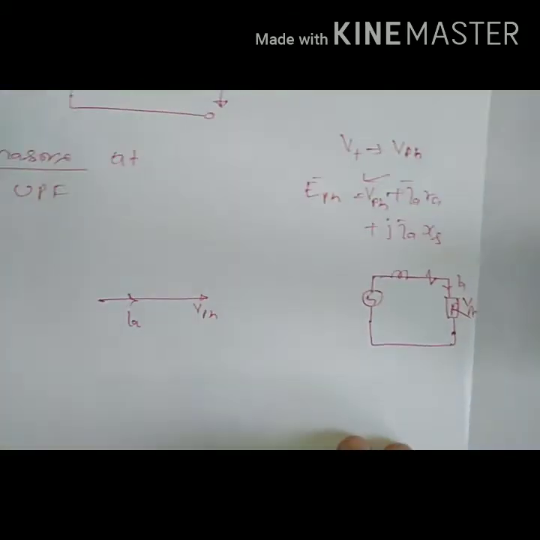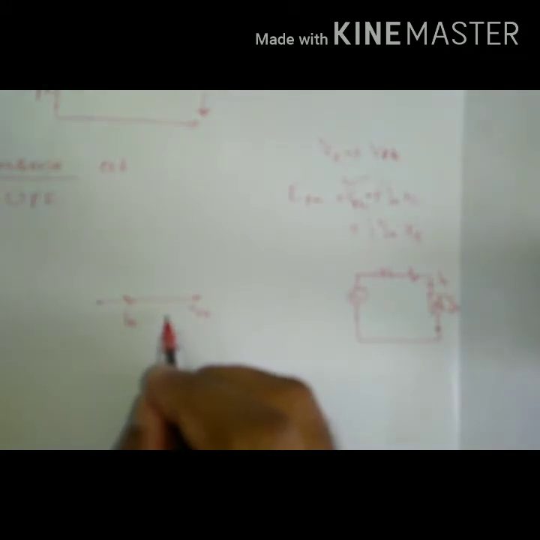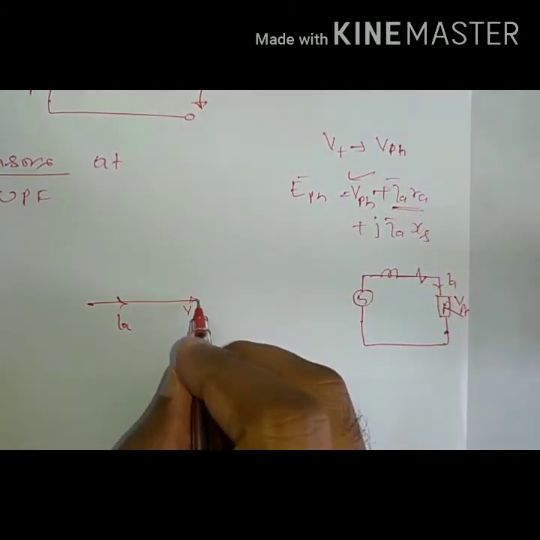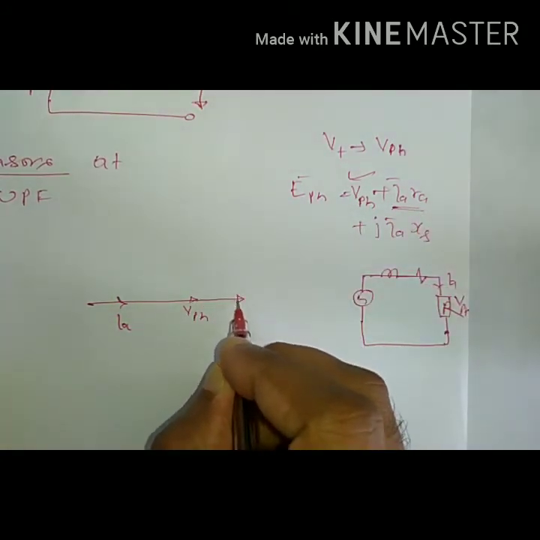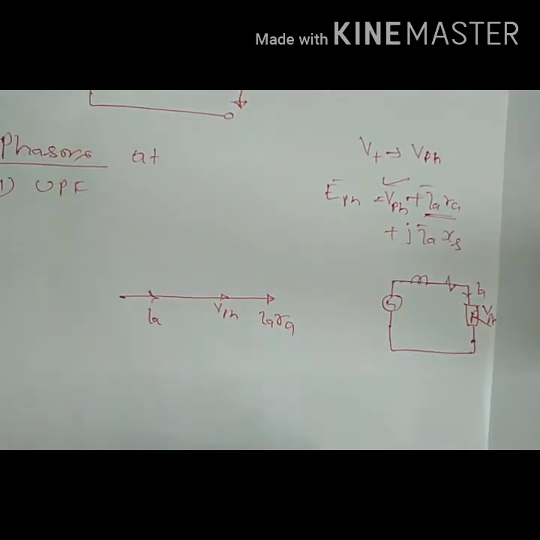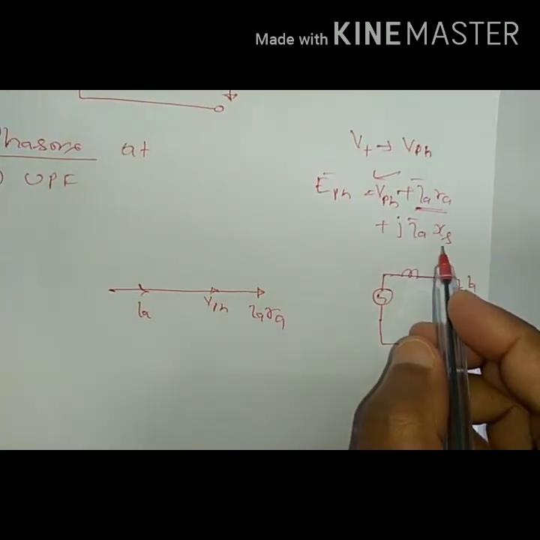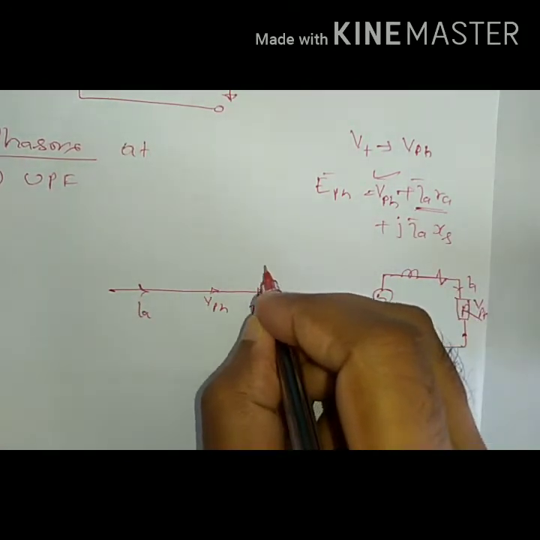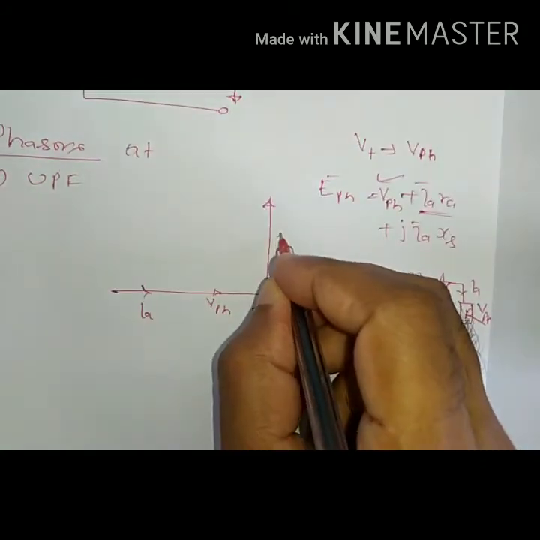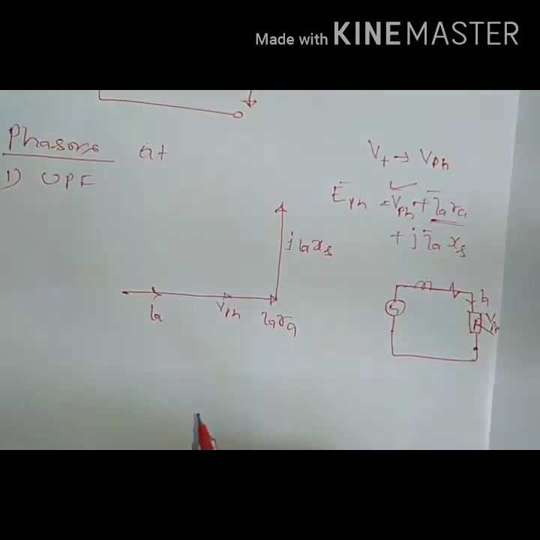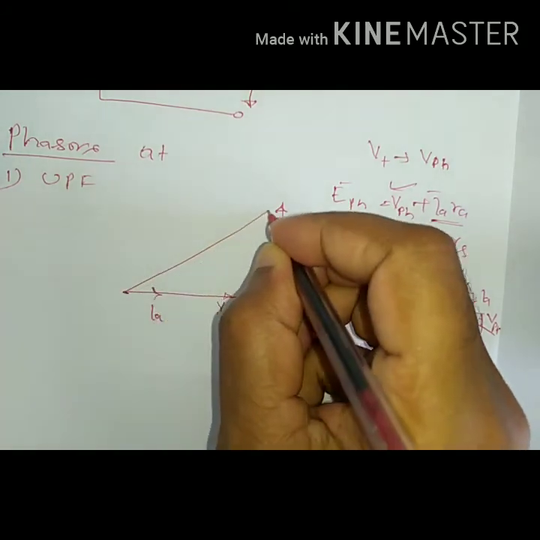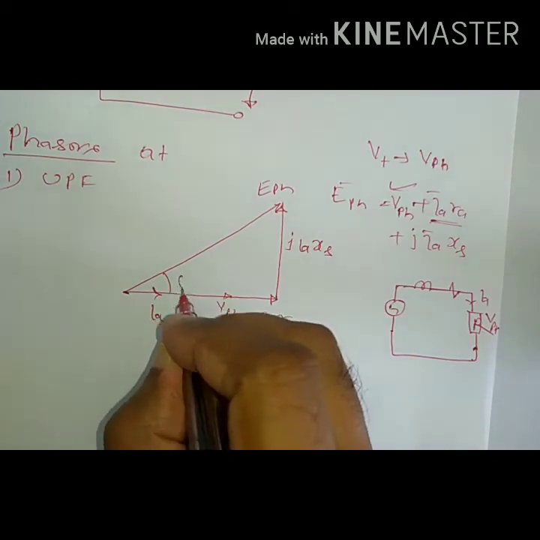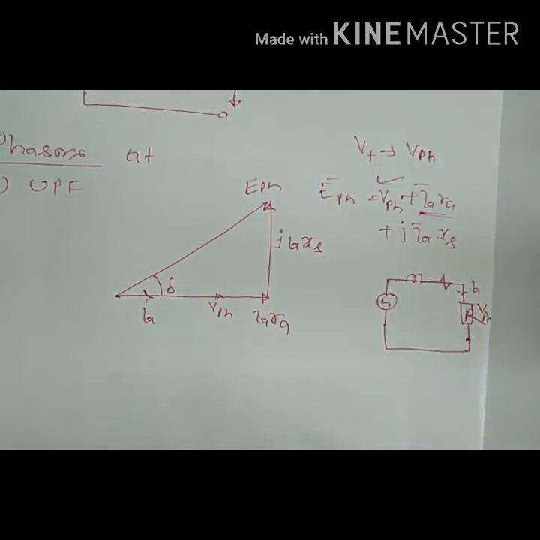So VPH is drawn. Now as IA is in phase, VPH plus IaRa will be in phase with VPH, drawn from the tip of this. So this is IaRa, and after that this is IaXS, the inductive voltage. The inductive voltage leads the current by 90 degrees, so it will be JIaXS. This is EPH, and this angle is delta, the angle between EPH and VPH.